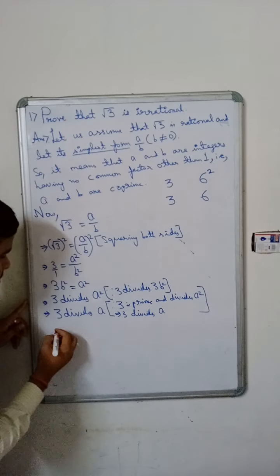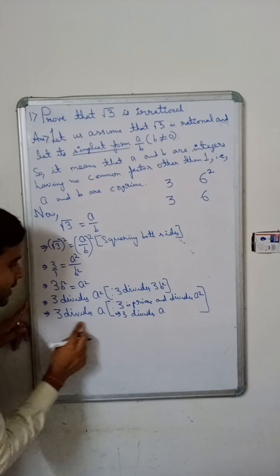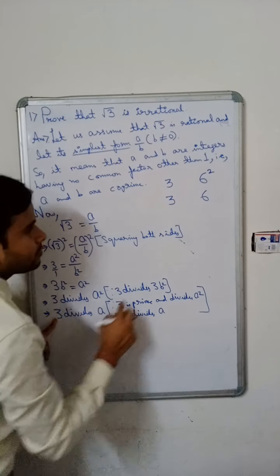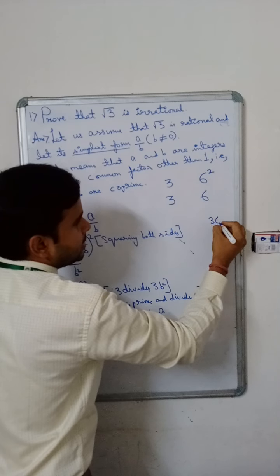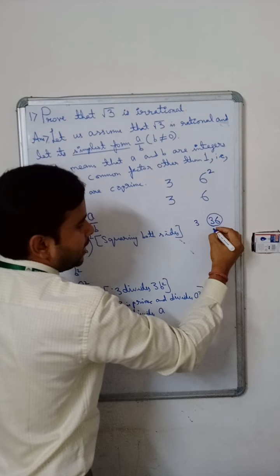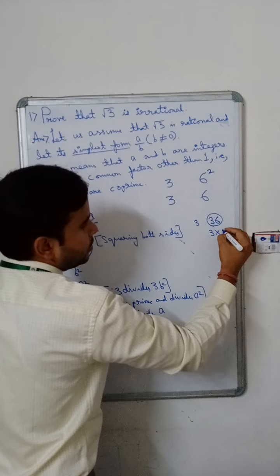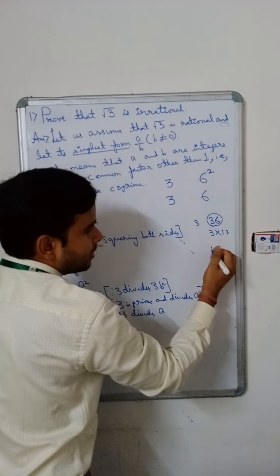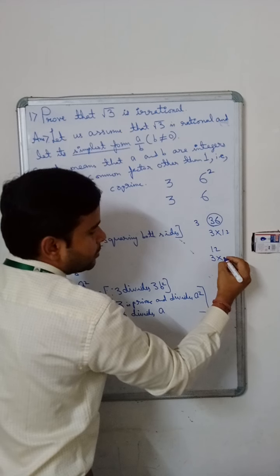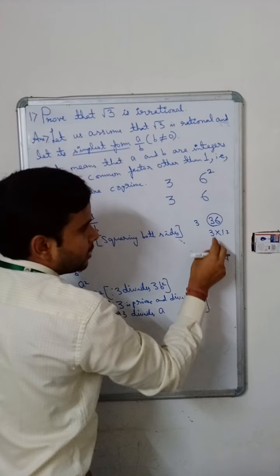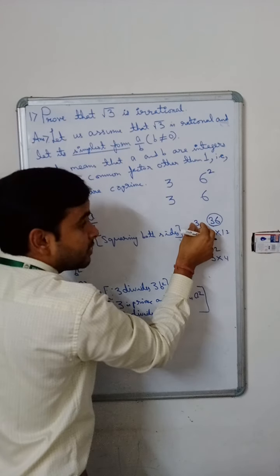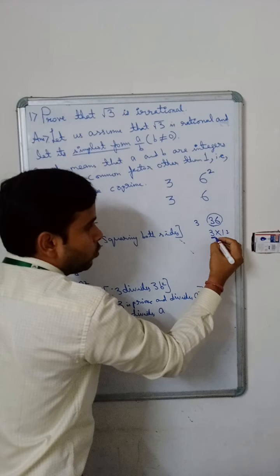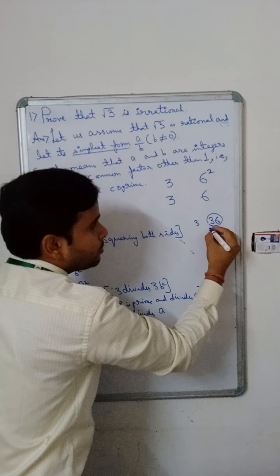Okay everyone, next. As 3 divides a, suppose 36 is divisible by 3, it means 36 can be expressed as 3 into 12. If 12 is divisible by 3, again 12 can be expressed as 3 into 4. So if any number is divisible by 3, it means that number can be factorized and one of its factors has to be 3.